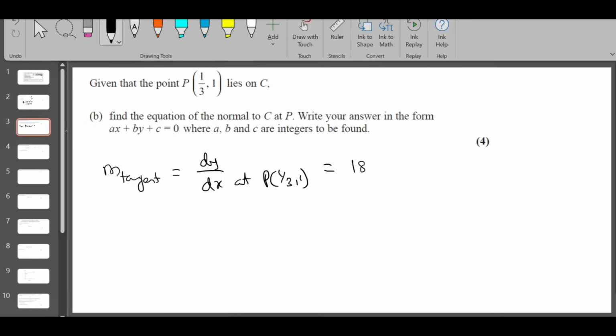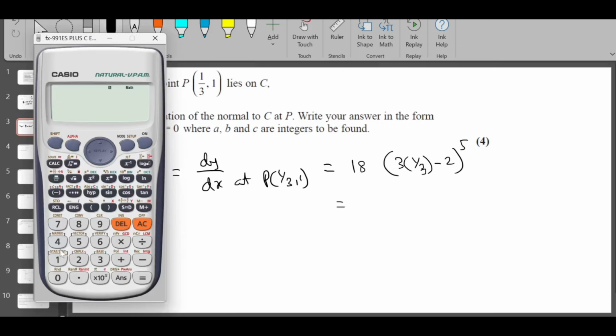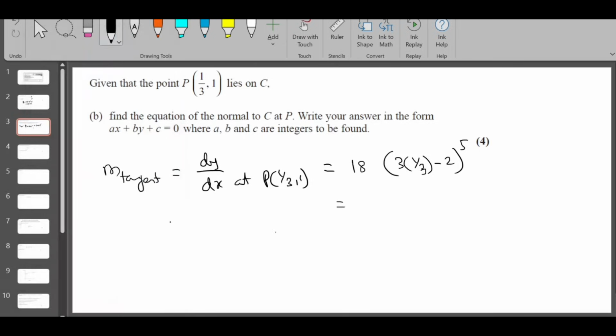So 18 times (3x minus 2) to the power 5, which is basically 18 times (3 times 1 over 3 cancelled, 1 minus 2 is minus 1). So it's just minus 1 to the power 5 is minus 1, times 18, minus 18. So the slope of the normal will be positive 1 over 18.